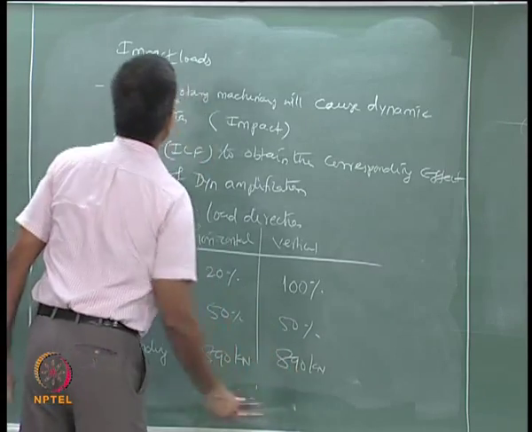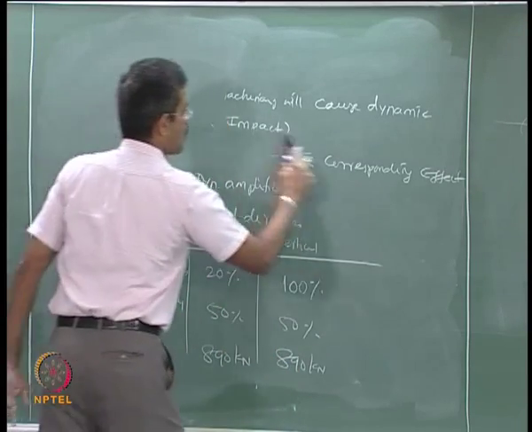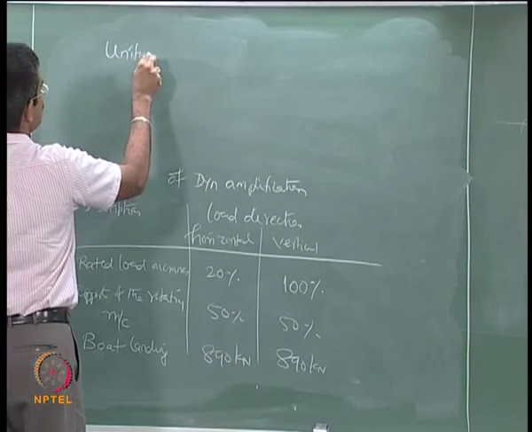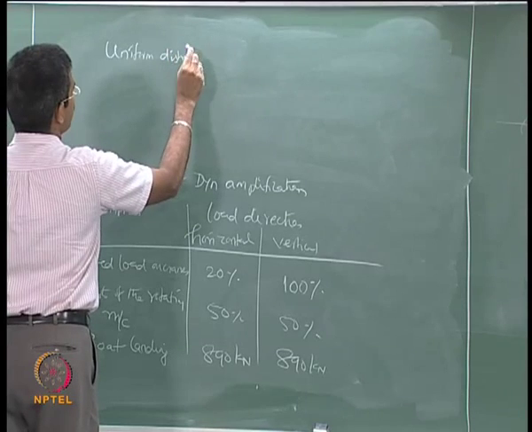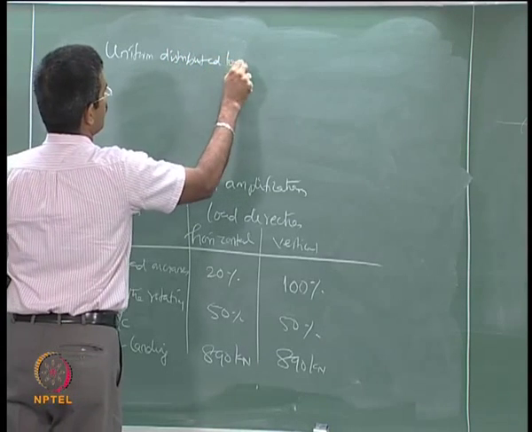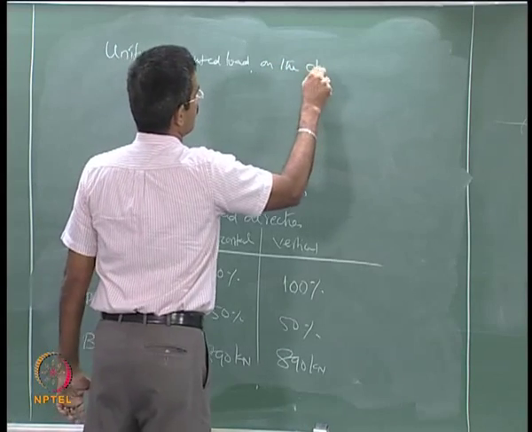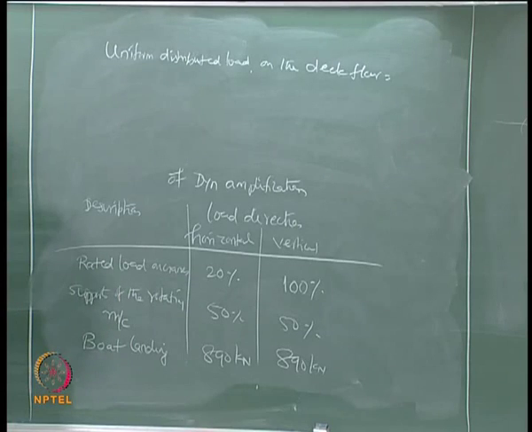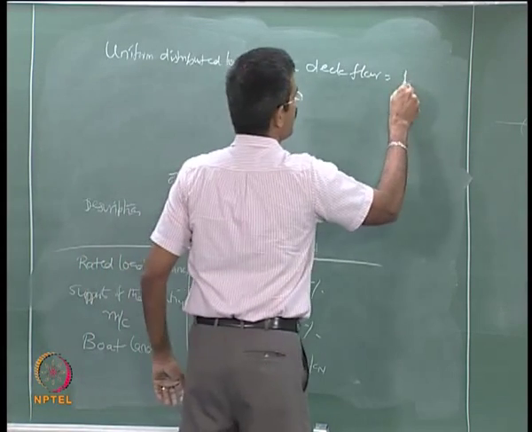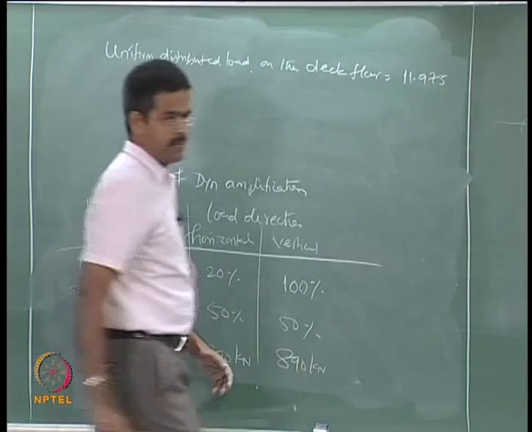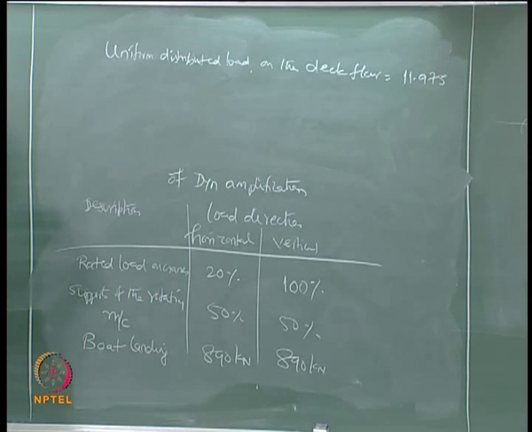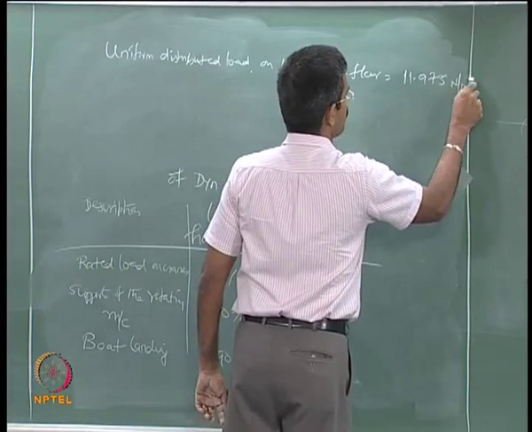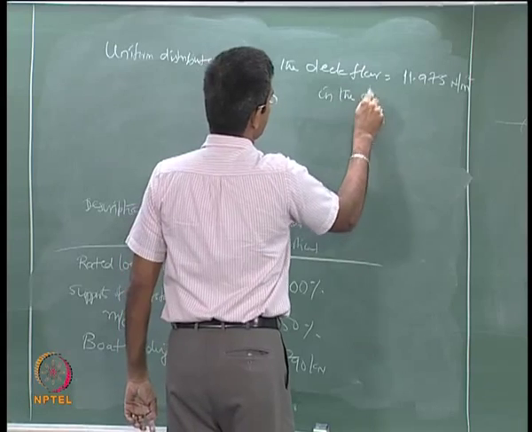In addition to this, what would be the common uniform distributed load which is advised on the decks? This is 11.975 Newton per square meter in the drilling area.